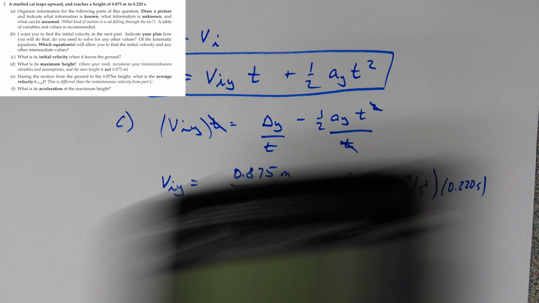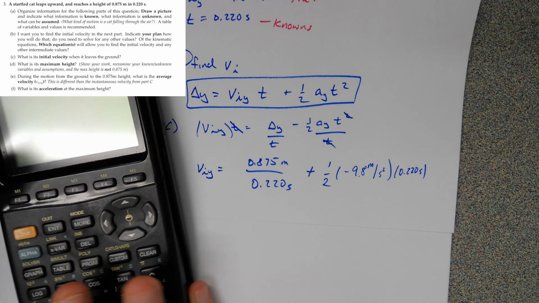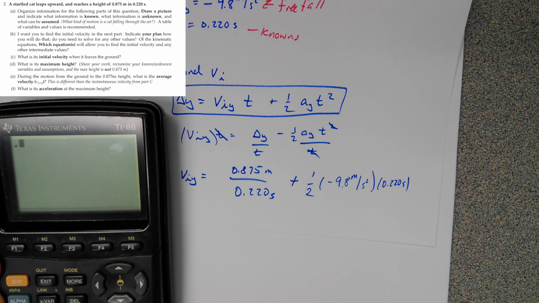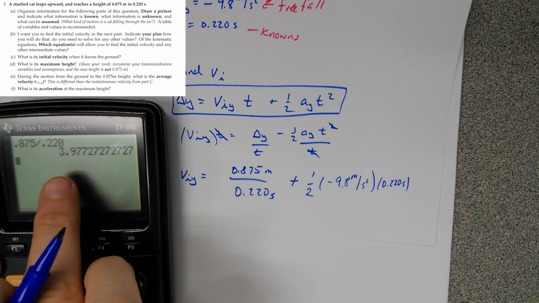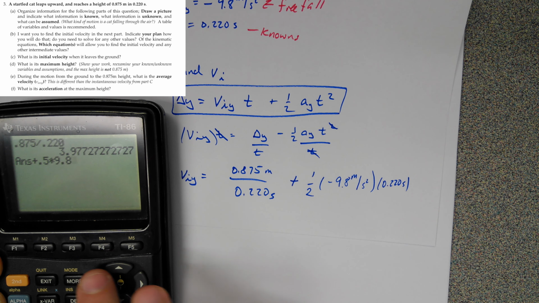Here's our calculator. I'm zoomed in a lot. Hopefully it's not too terrible. 0.875 divided by 0.220. Get a preliminary number, and then we add 0.5, the 1/2, times 9.8, and make sure we get the negative there. 9.8 times, and then we'll have 0.220.